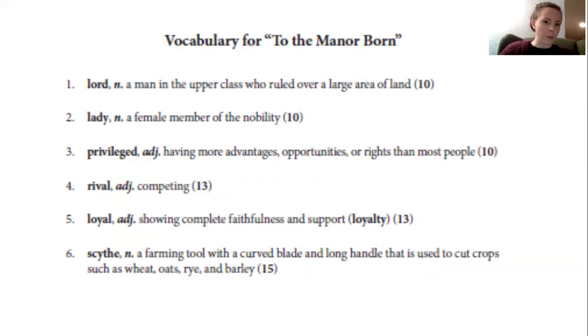Number 3 is privileged. Privileged is an adjective. It's describing a noun, and it means having more advantages, opportunities, or rights than most people.